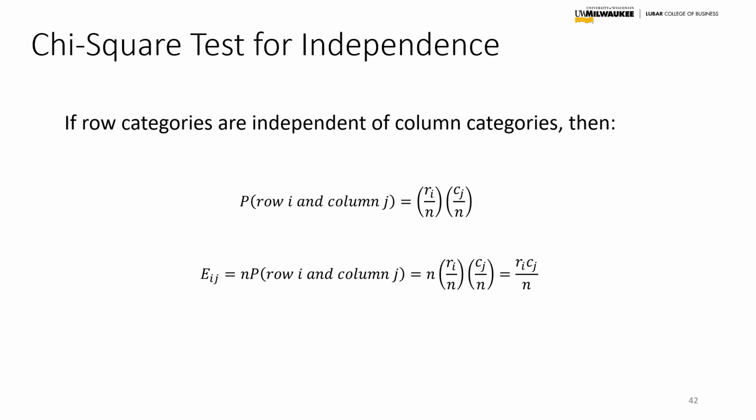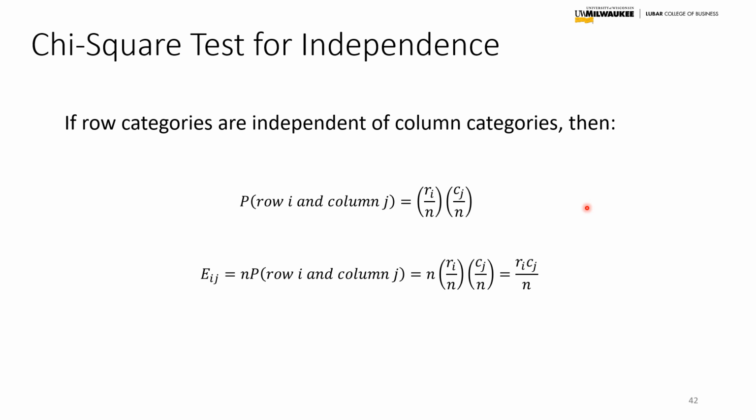Given the notation on the previous slide, what is the probability that we have an observation coming from row i? Well, that would simply be R_i divided by N. That's this ratio right here. What is the probability an observation comes from column j? Well, that would be C_j divided by N. But let me now ask the next question.